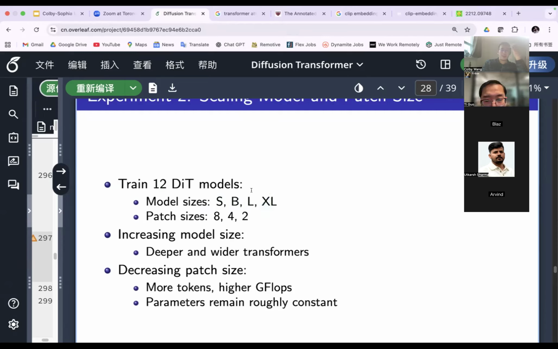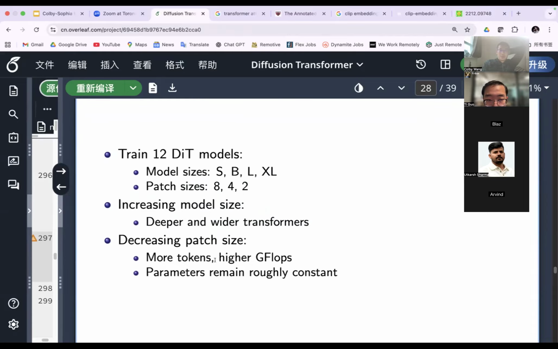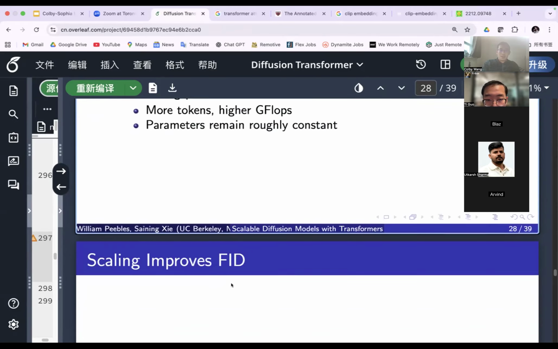All of them use the adaLN-Zero variant, and for patch size they try 8, 4, and 2. They try increasing the model size with deeper and wider transformers. Deeper simply means more layers, and wider means a larger embedding size. And they try decreasing patch size, which results in more floating point operations. The number of parameters remains roughly constant.